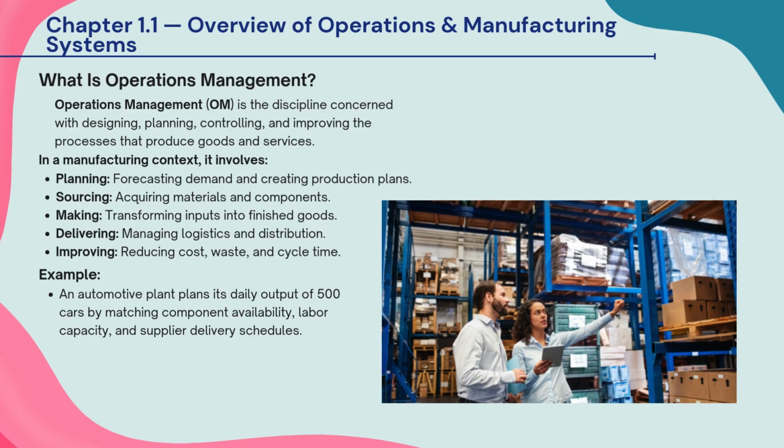For example, an automotive plant planning a daily output of 500 cars must align component availability, workforce capacity, and supplier delivery schedules. In practice, OM covers key activities such as forecasting and production planning, sourcing necessary materials, transforming inputs into finished products, managing logistics and distribution, and driving ongoing improvements to reduce cost, waste, and cycle time.